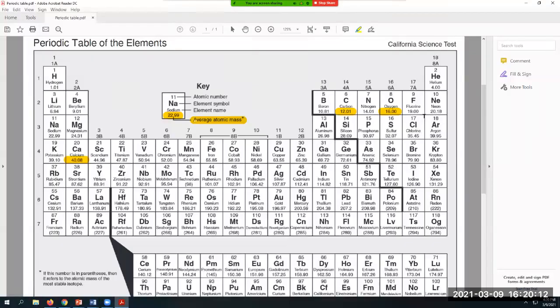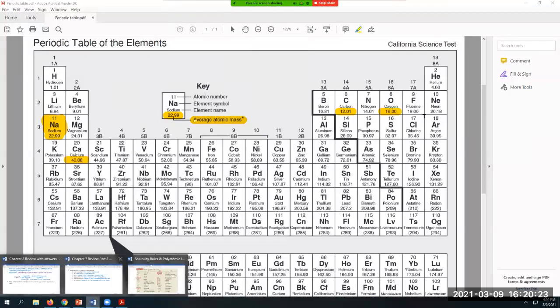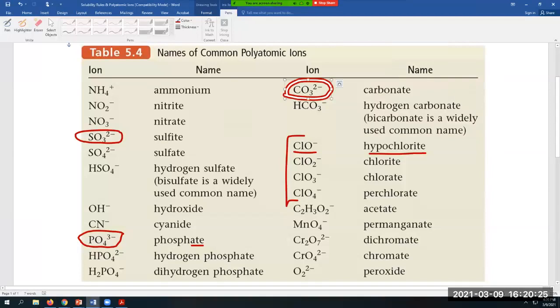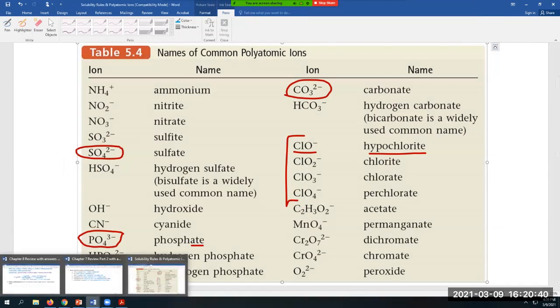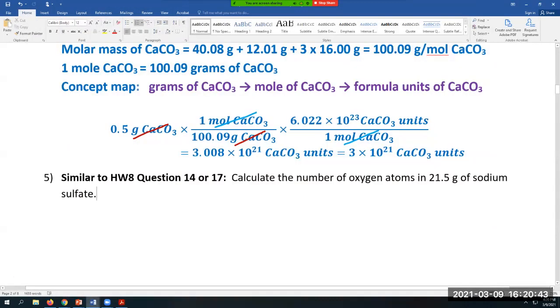Sodium, atomic number 11, is in group 1A, so it likes to make the Na plus ion, +1. Sulfate is a polyatomic ion and is just below the sulfite here, and here it is, SO4 negative 2. So you have 2 negative charges for 1 positive charge.